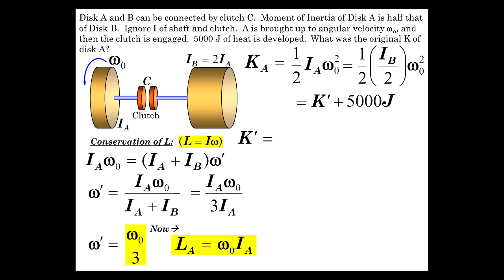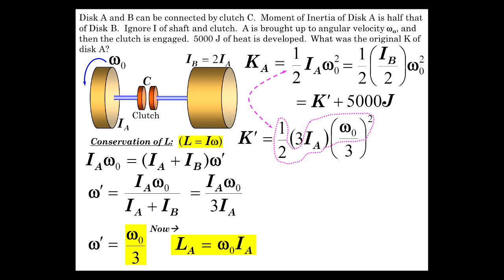As we solve for K prime, the kinetic energy after the collision is 1/2 of the moment of inertia, which is 3 IA, because it's 1 plus 2, times the angular velocity in terms of the original, omega 0 over 3, squared. Well, if you look at it, 1/2 IA omega 0 squared factors out of it.